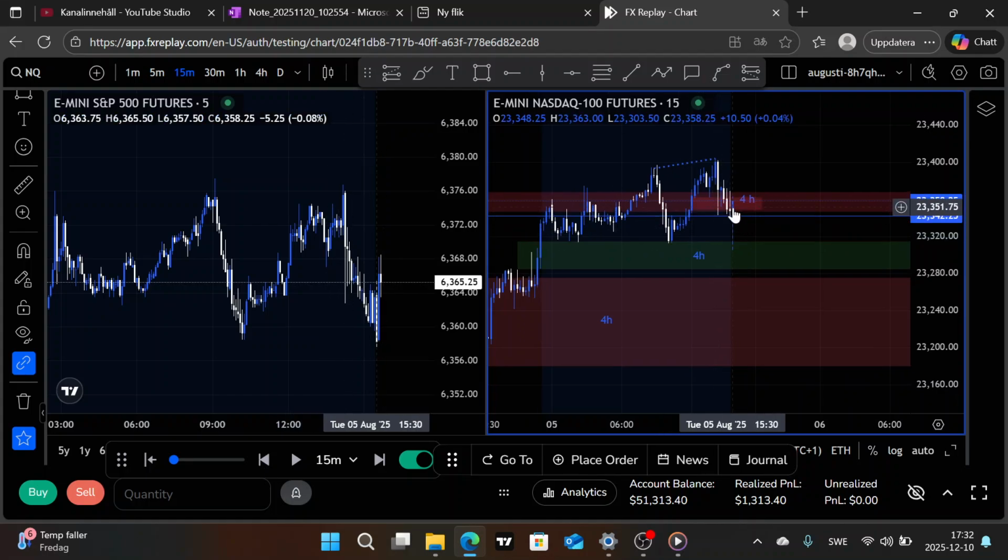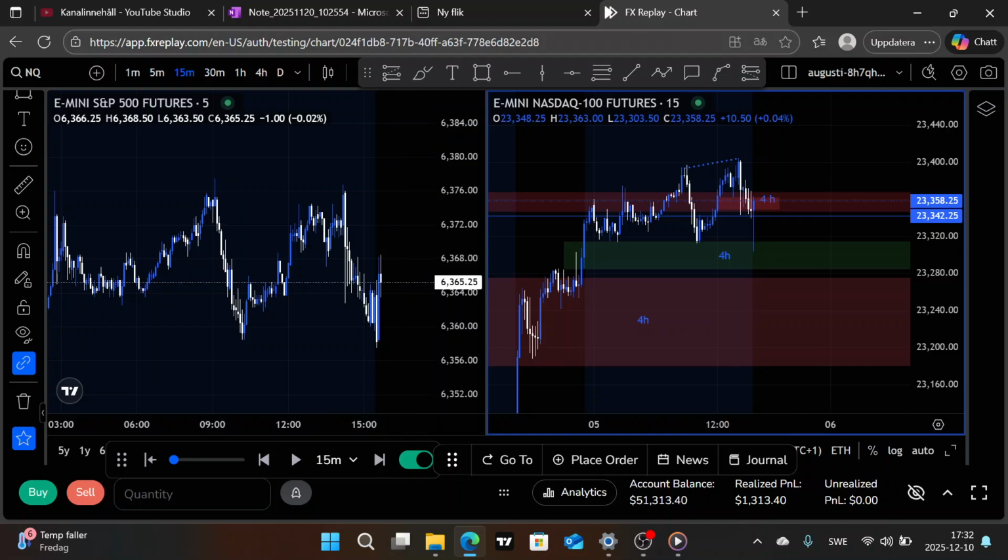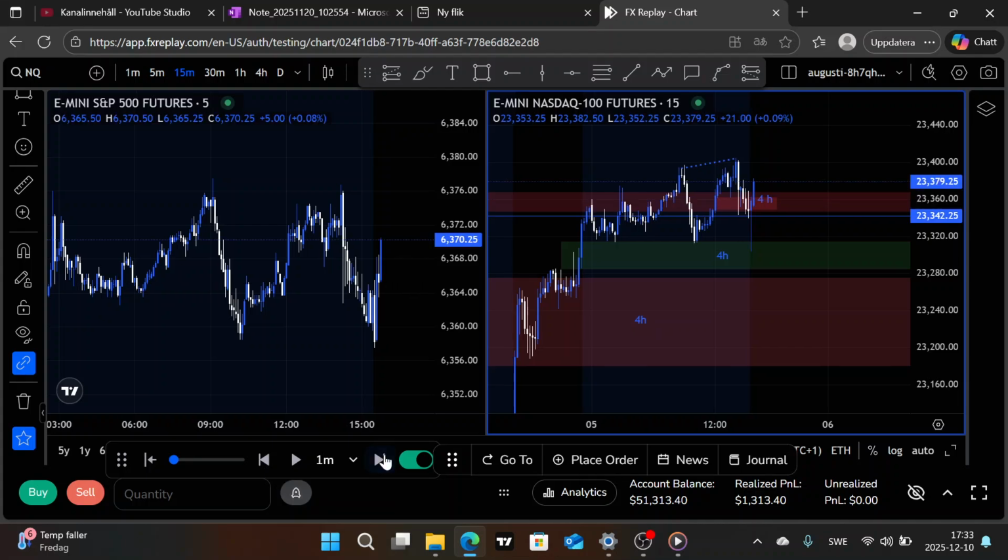So these big candles to the downside may have been some kind of news. So I am still not sure what the price and the market is doing.